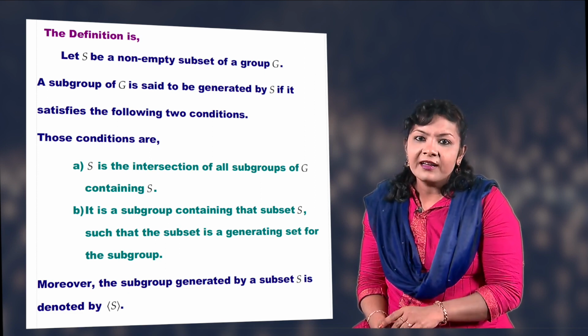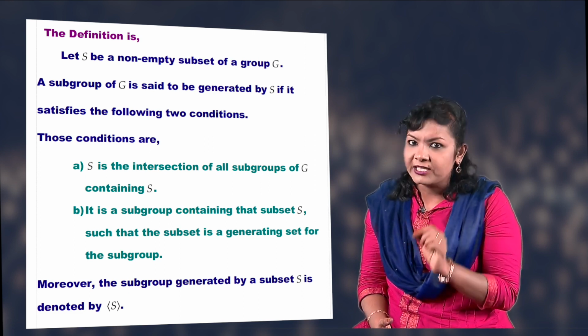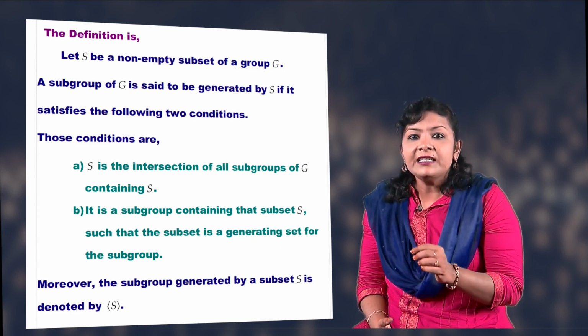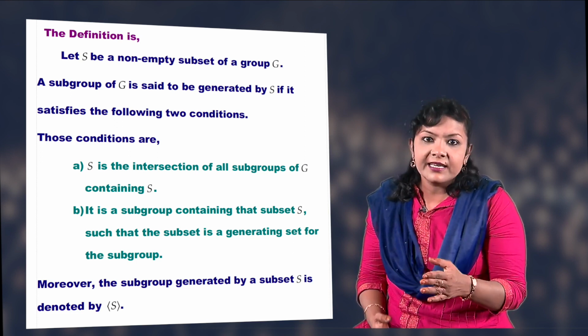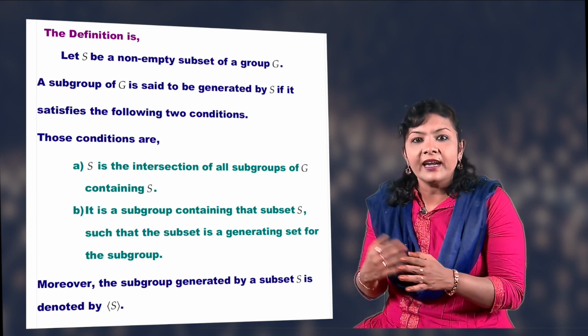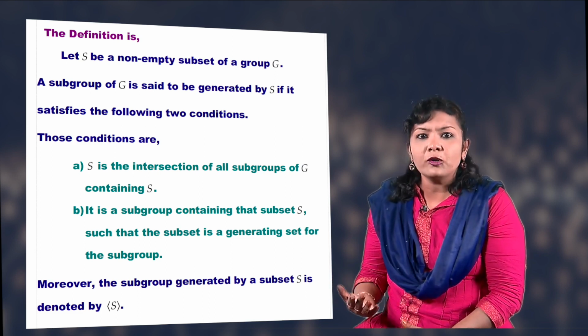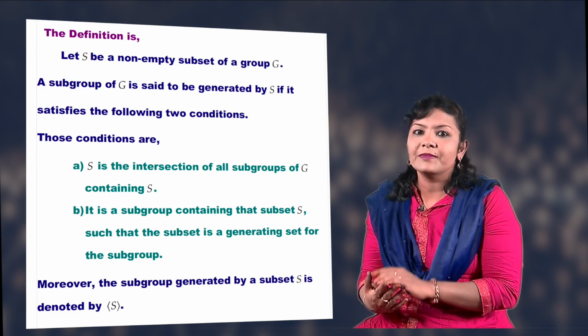The conditions are: the subgroup is the intersection of all subgroups of G containing S. Next, it is a subgroup containing that subset S such that the subset is a generating set for the subgroup. Moreover, the subgroup generated by a subset S is denoted by this symbol.